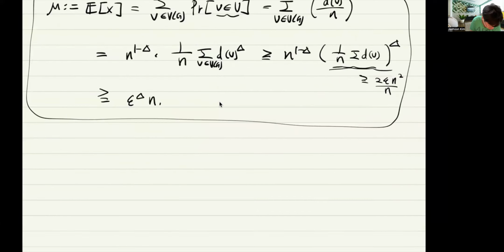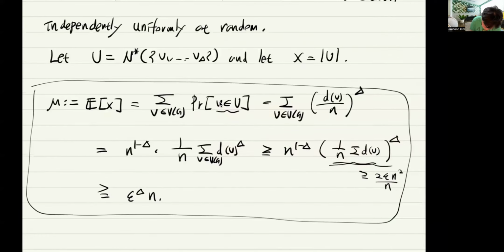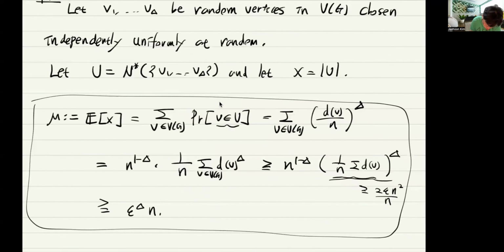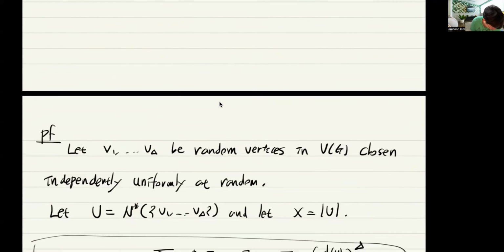And now we compute the number of bad subsets of U. Bad in a sense that it has a small common neighborhood.